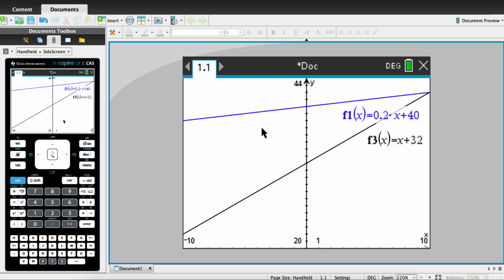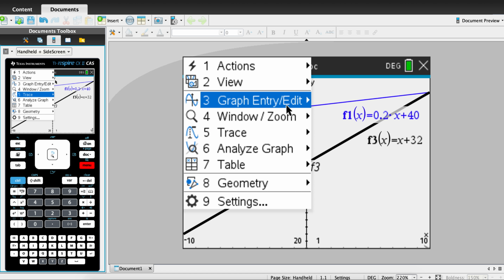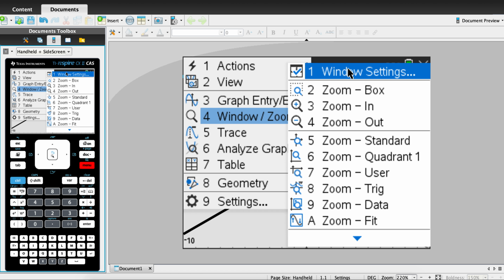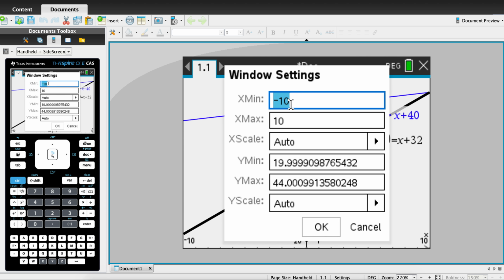Now, the issue is I don't need all of this space over here because I don't need negative weeks. And as you can see, I can't see up to 15 at the moment. So to fix this, I'll go to my window settings up here and I'll change my x minimum maybe just to -2. I'll have a little bit of the negative there just so I can see the axis.